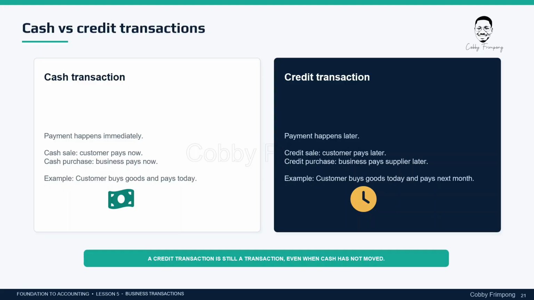If the business buys goods and pays immediately, it is a cash purchase. If the business buys goods and agrees to pay later, it is a credit purchase. A credit transaction is still a transaction and must be recorded even if cash has not moved yet.